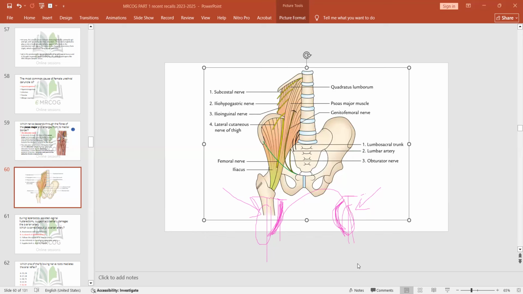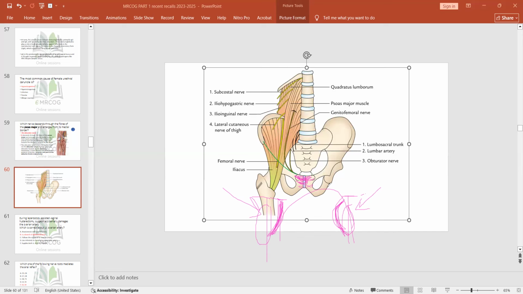Okay? Another exam question. If the patient is having pain and paresthesia on the pubic area here, over the pubic area here, sharp pain, and then paresthesia over the pubic area. Which nerve mainly is injured?